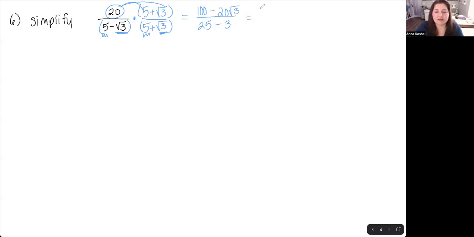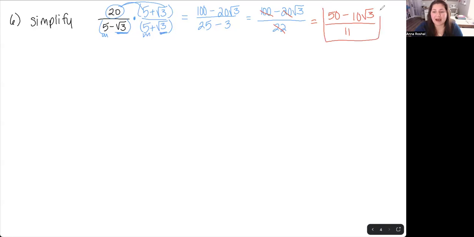I know that I can't combine these because they are different types of terms. And then the denominator will become 22. I do know that I can simplify all three terms because they're all divisible by 2. So I'm just going to divide all of them by 2 and get 50 minus 10 root 3 over 11. And then that would be my final answer altogether.